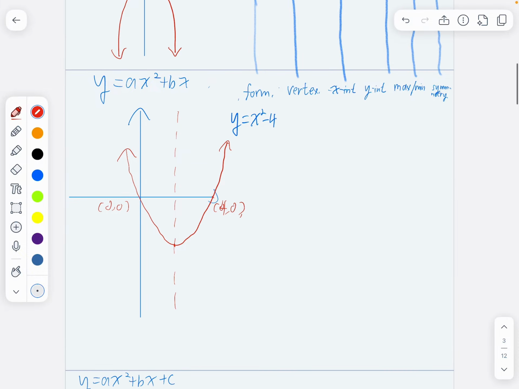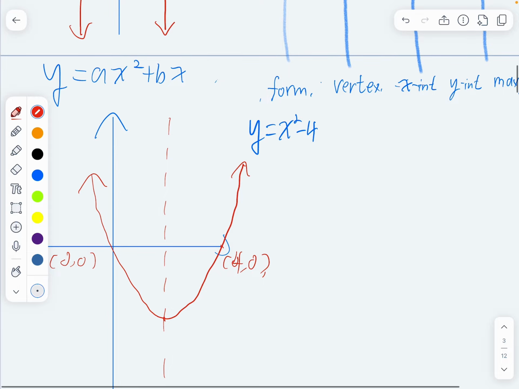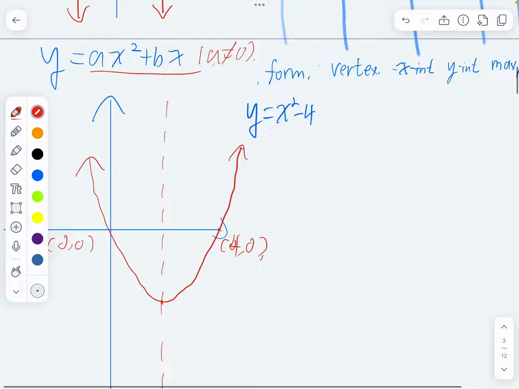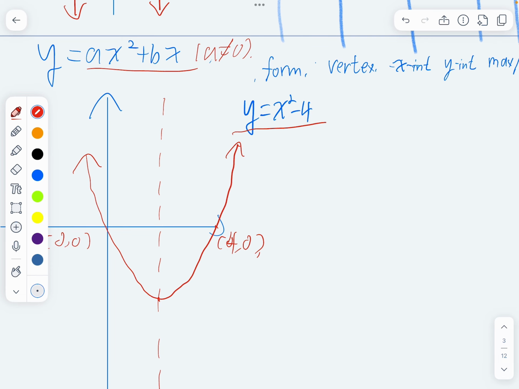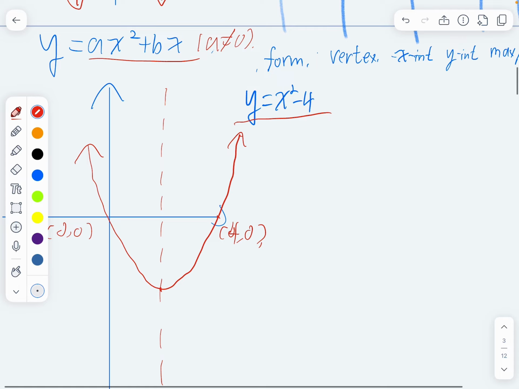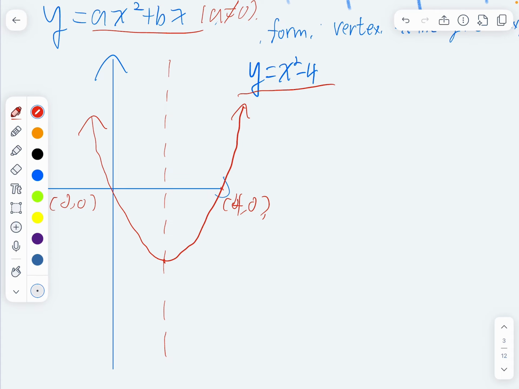Let's finish the first type. Now we look at the second type, y = ax² + bx, where a is not zero. We give an example of y = x² - 4x. First, let's look at the graph. We have two given points: the origin and (4, 0).